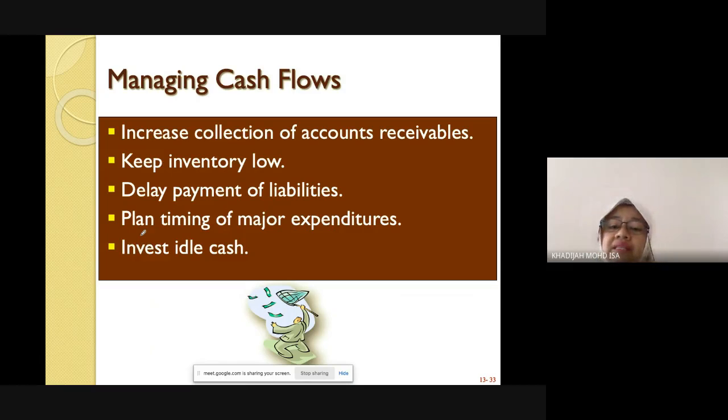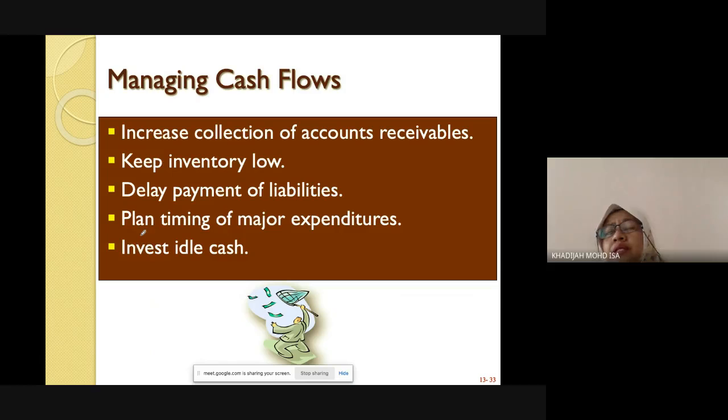But if you sell the inventory to your customer on account, it means you will need some time for the accounts receivable to pay. So there will be a time lag there. That's why we say keep inventory low, because inventory will hold up your cash. If you have a lot of inventory, it holds up the cash.